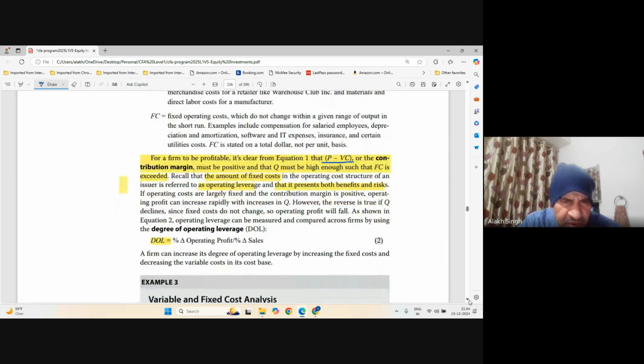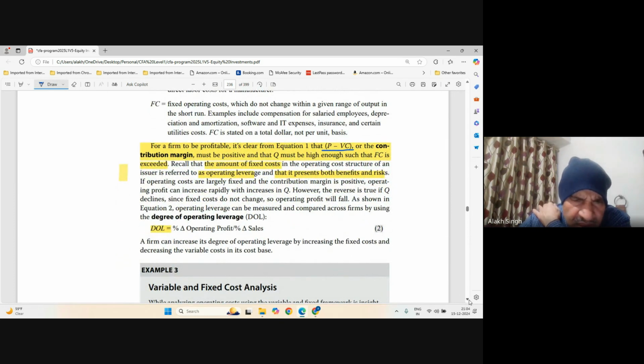So that is one new term. And the next term is about degree of operating leverage. So how is this shown? This is shown as percentage change in operating profit. Okay, so this one is change. Percentage delta operating means we have to compare two periods.